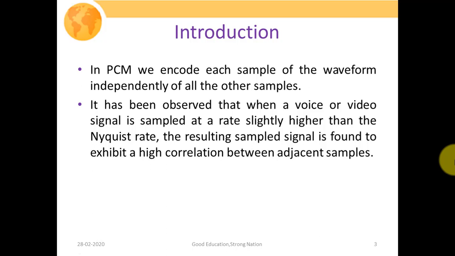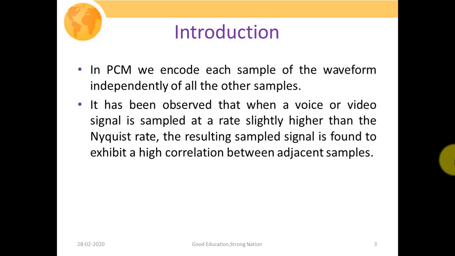In our last lecture, when we discussed pulse code modulation, we saw that for encoding each sample value, we provide an equal number of bits independently of all other samples. If we closely observe audio or video signals, we could say that there exists a very high correlation between the adjacent sampled values. I mean, they are highly correlated, or there exists a very high degree of similarity between them.